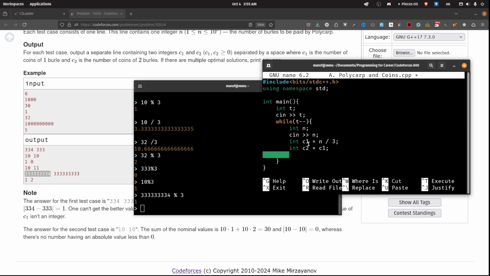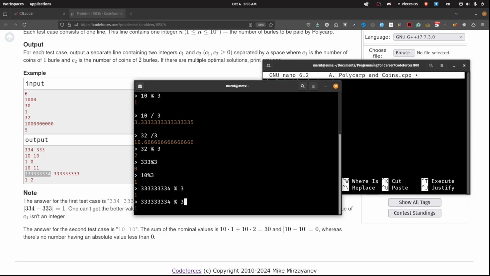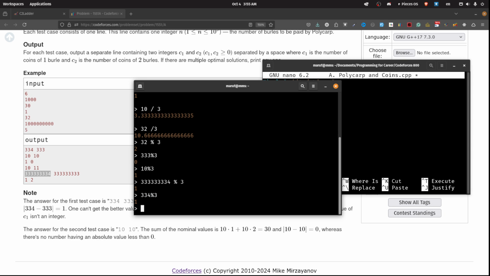Okay, 333. What can I decide from this? Let's take not 333 for this. I will take 334. So here I get 1, because 333 is the value of C2, not C1.